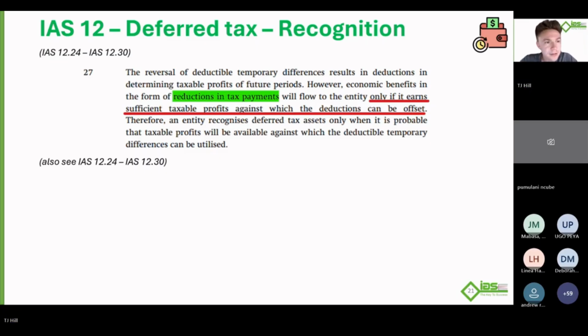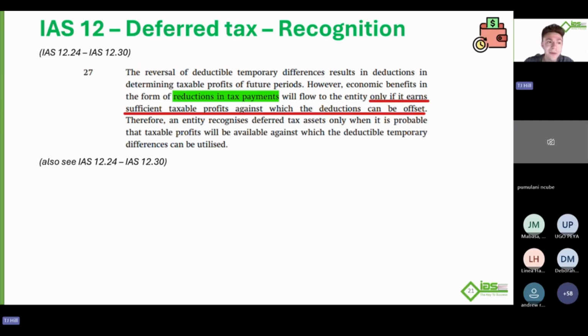But what if there's nothing to reduce? Then you can't get this benefit. Do you agree with that? If I don't have any income to deduct this from, the deduction is useless. I will never get the deduction. If I'm sitting in an assessed loss position forever and I go out of business, I'm never going to get the benefit of the assessed loss.